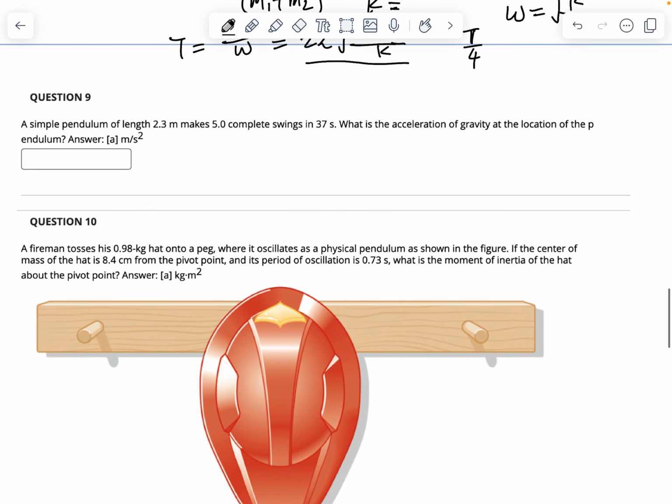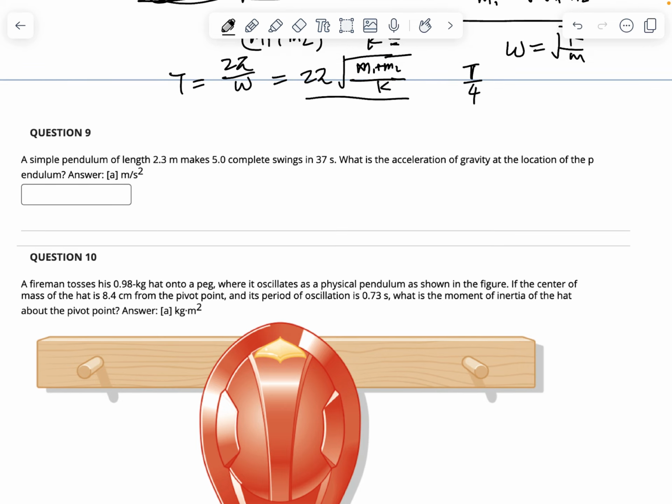Let's look at the next one. Next one is a simple pendulum of length 2.3 meter that makes 50 complete swings in 37 seconds. What is the acceleration of gravity at the location of the pendulum?